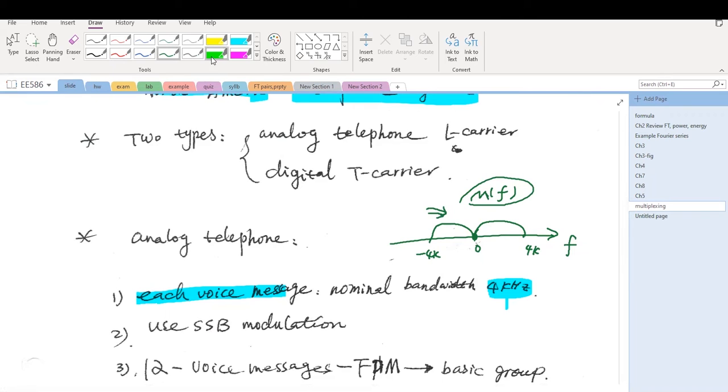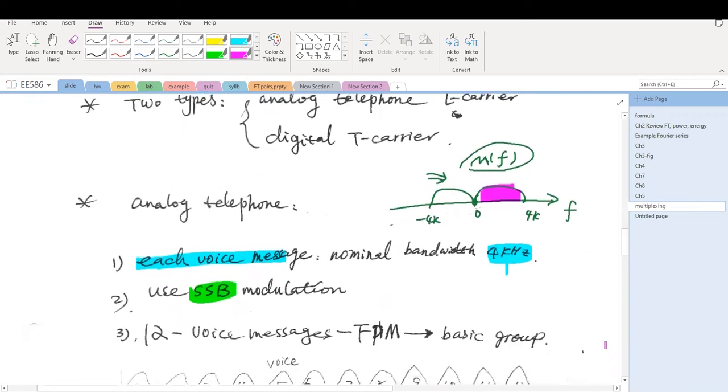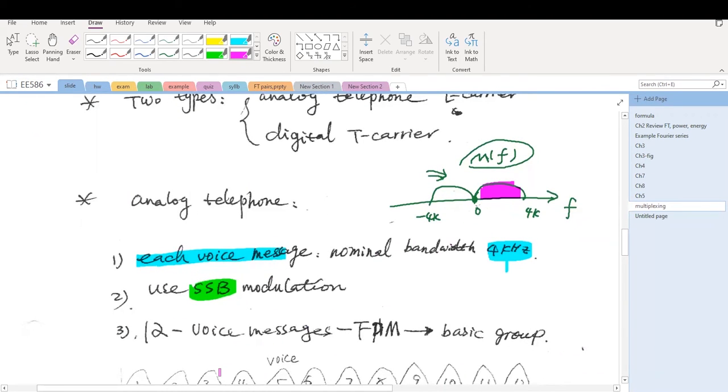In the telephone system, we use single sideband modulation, which means that we only transmit either the upper sideband or the lower sideband. Suppose we transmit the upper sideband. How is this done?